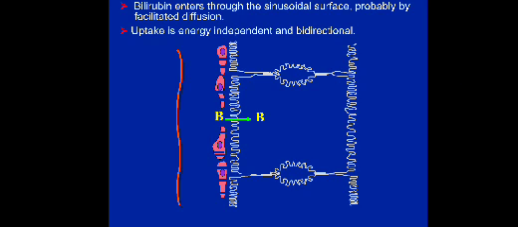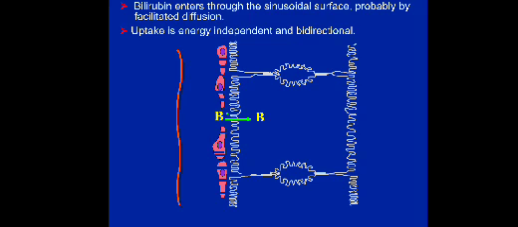Next, you see the bilirubin enters at the sinusoidal surface probably by facilitated uptake, which is energy independent and bidirectional. This is very, very important. Now, it is bidirectional, meaning bilirubin enters into the hepatocytes from the hepatic sinusoids and can also exit back to the hepatic sinusoids.